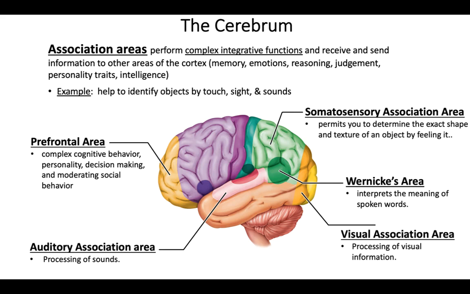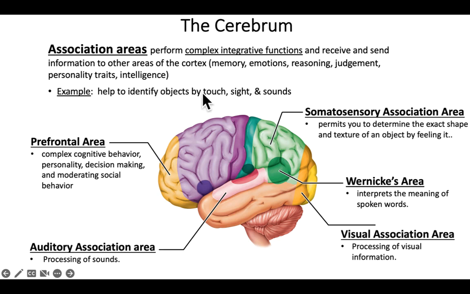All right, so an example I like to give is with the somatosensory area, a somatosensory association area. Now remember, the somatosensory area is right here. So this area is helping to interpret. All right, so it helps to identify objects that you're touching.